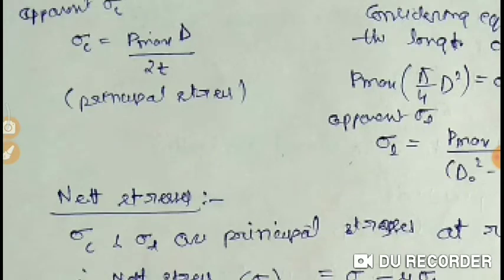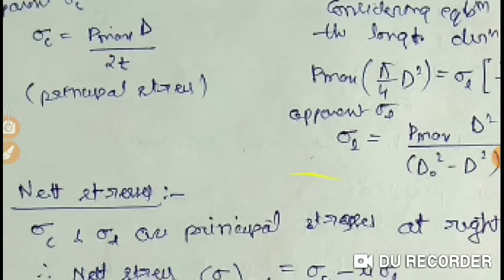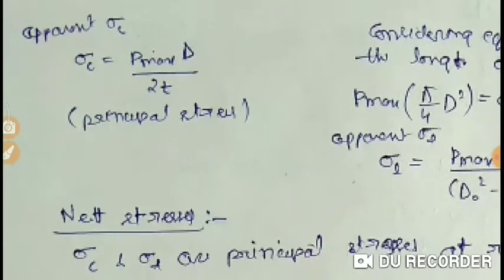So here we have apparent sigma c and apparent sigma L. Why is apparent sigma c equal to P max into d upon 2t? Because apparent sigma c means apparent circumferential stress.